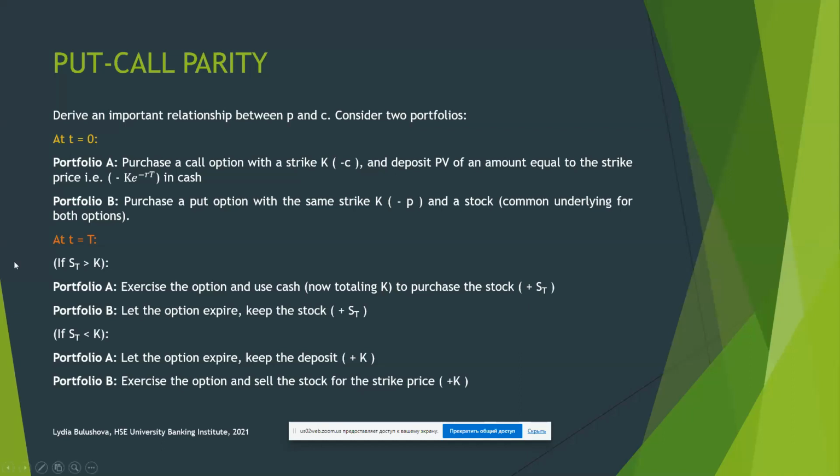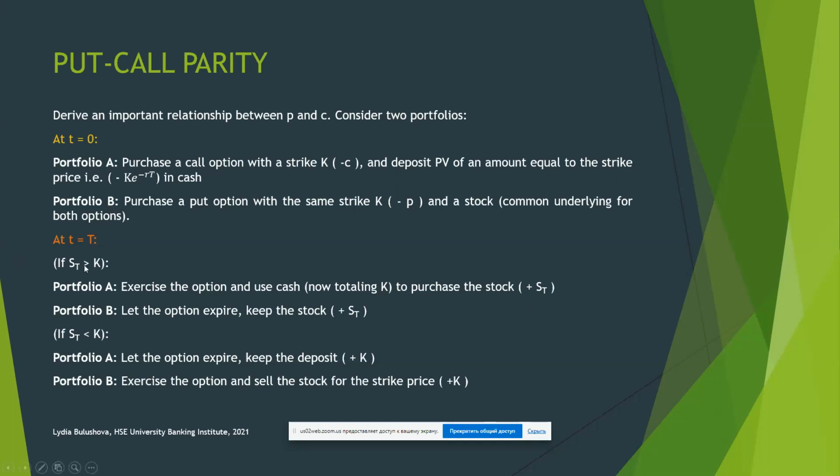Portfolio B is when I purchase a put option. I pay for an opportunity to sell the stock and to get K units of money. I have the stock, this is my portfolio, and I can sell this stock.